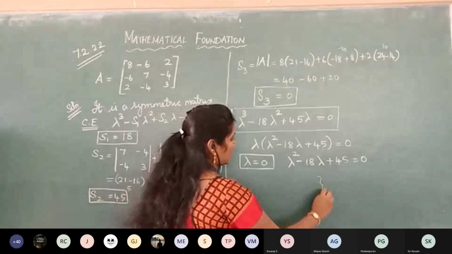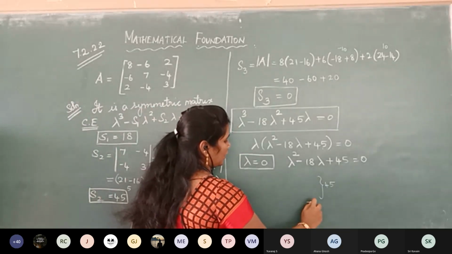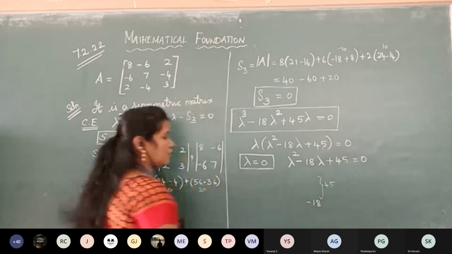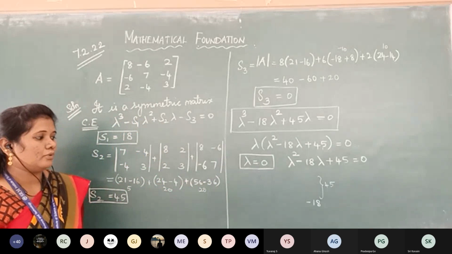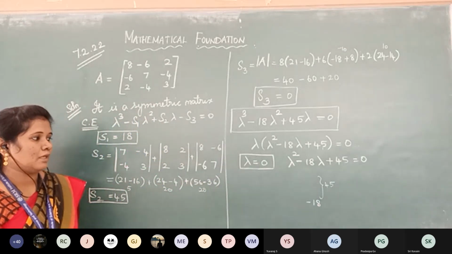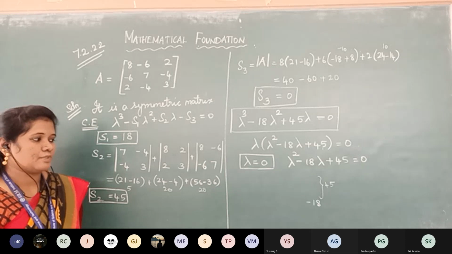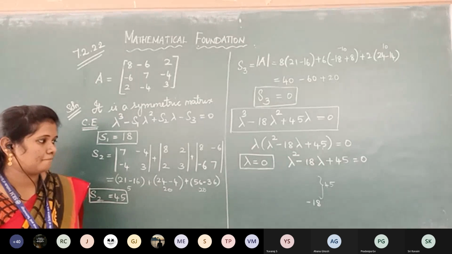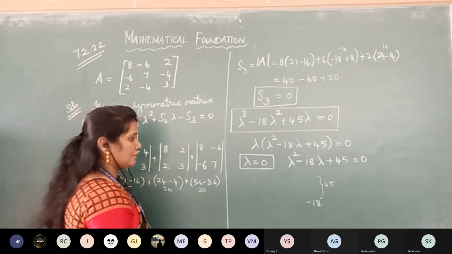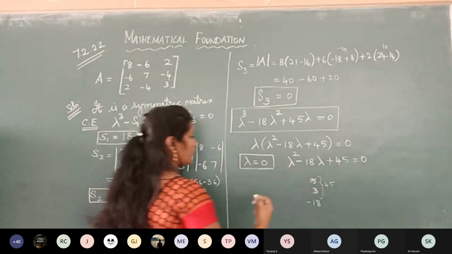So you need to get 45 when multiplied, and by adding or subtracting, you need to get minus 18. 15 threes are 45, so 15 and 3 will work.